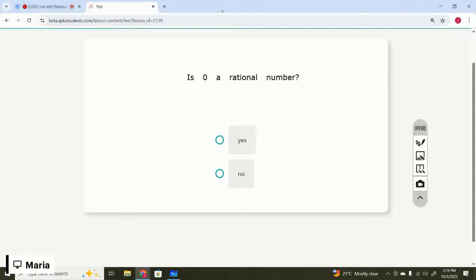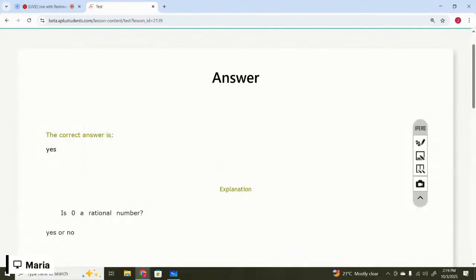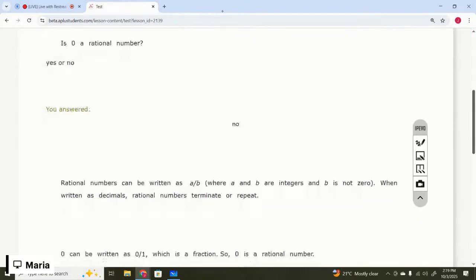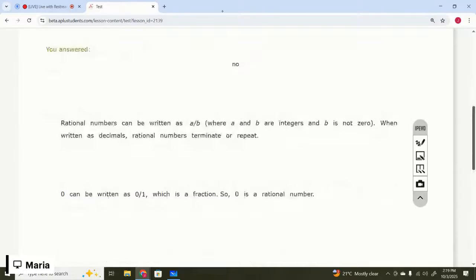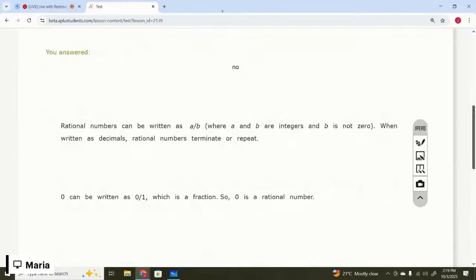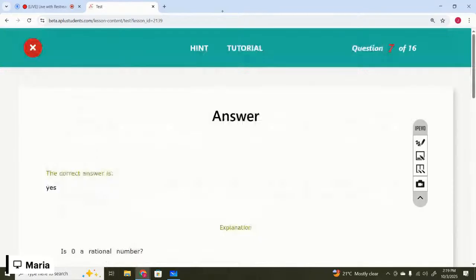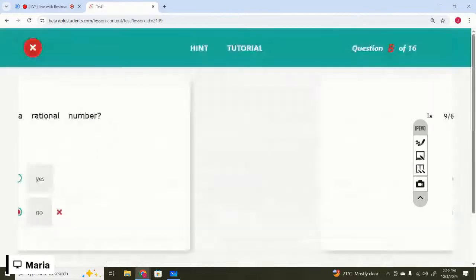Is 0 a rational number? No, it is not. Hmm, the 0 can be written as 0 by 1. Okay, well, maybe.